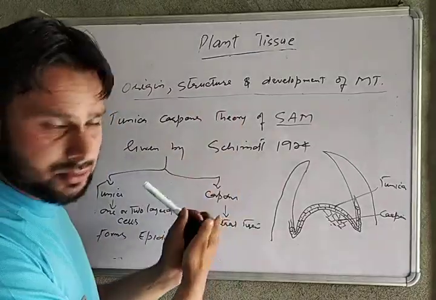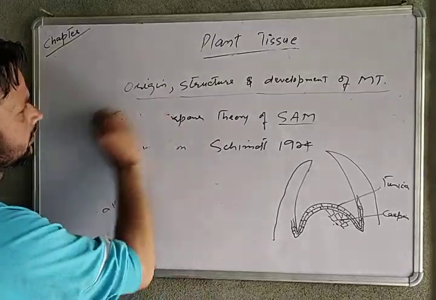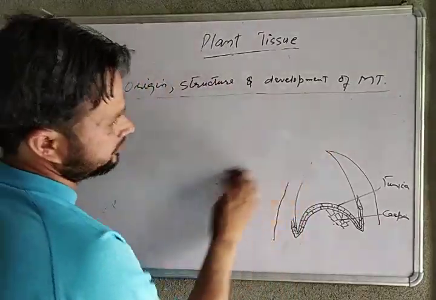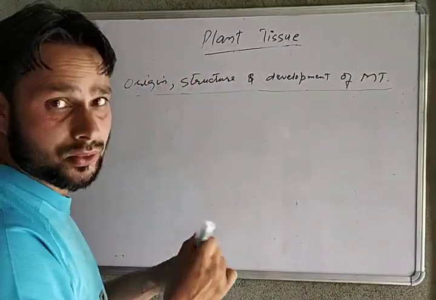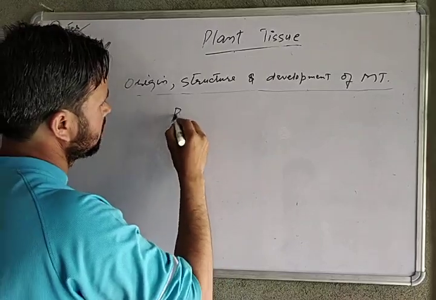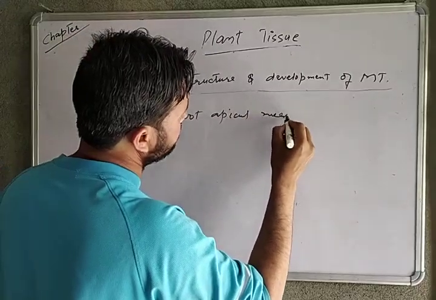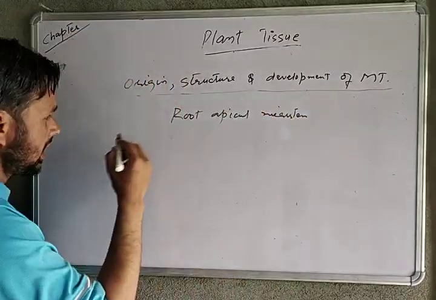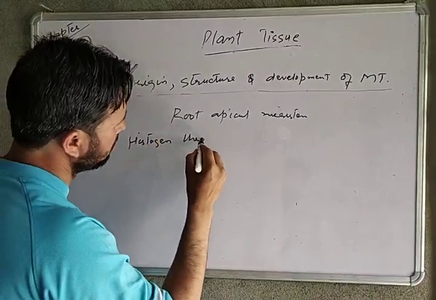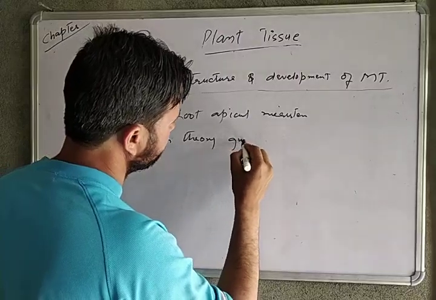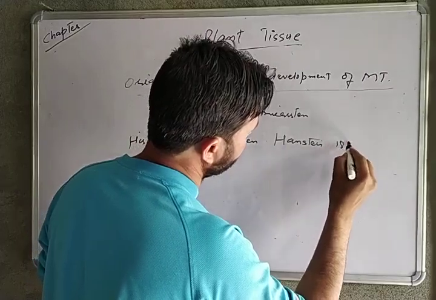Now, as far as root apical meristem is concerned, origin, structure and development of root apical meristem. Again, histogen theory given by Hanstein in 1870.